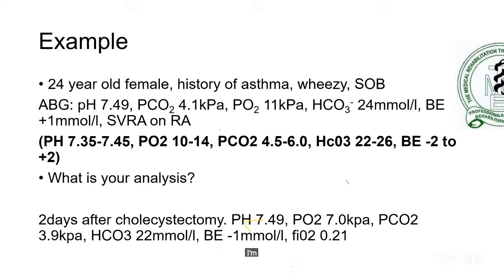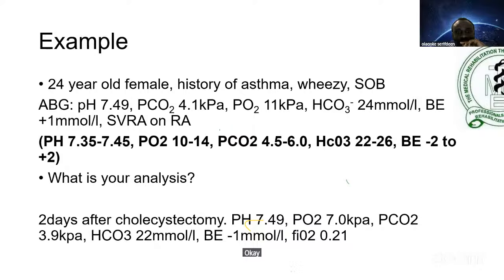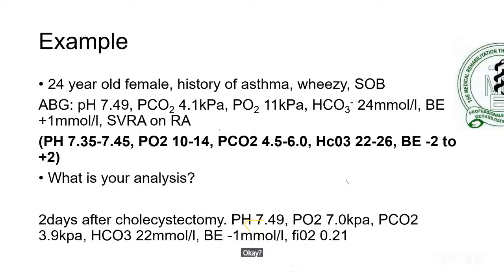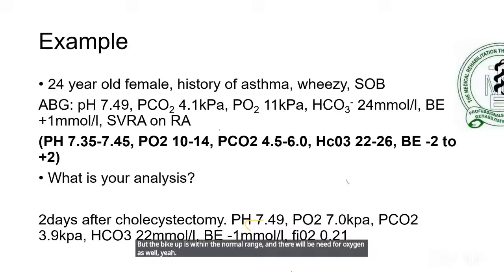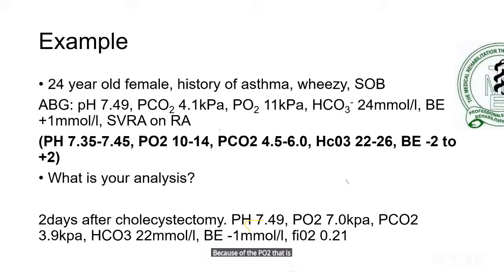I'm sorry. Yeah, go ahead. My own observation, I think the bicarb is within the normal range. Every other observation is the same with mine, but the bicarb is within the normal range, and there will be need for oxygen as well, because of the PO2 that is low.